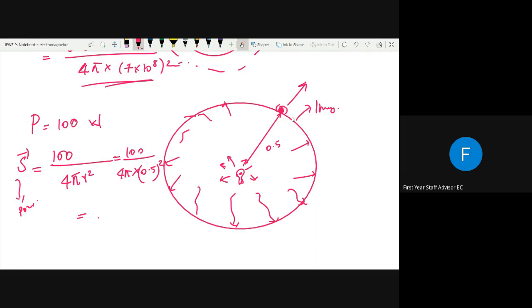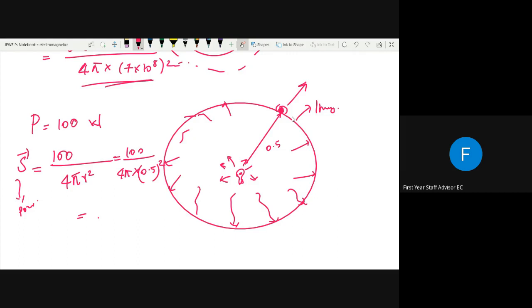They propagate in all directions from a point source. So the only option we have is to consider a symmetrical sphere at the point we are asked to consider. So with 0.5 radius, consider an imaginary sphere. Then assume that all these electromagnetic waves will pass through this imaginary sphere. So what will be the power density at the given point?